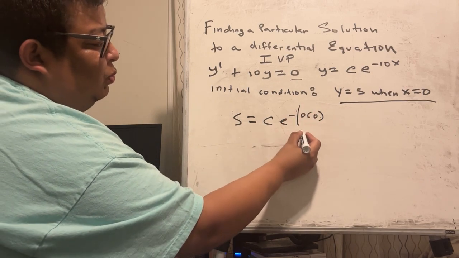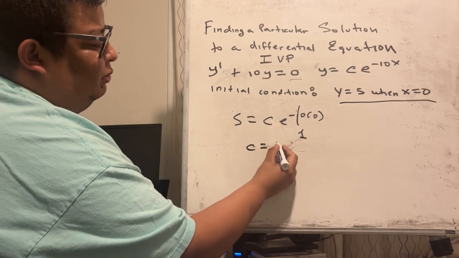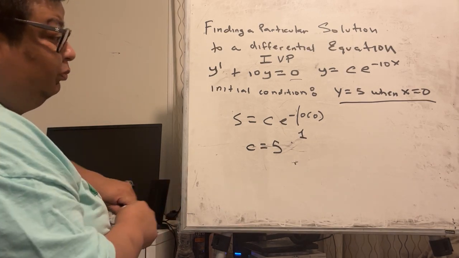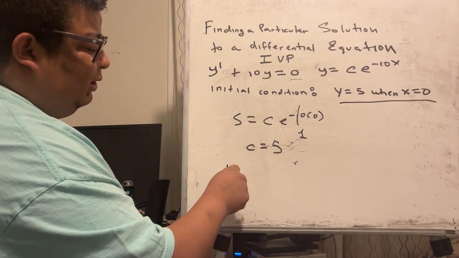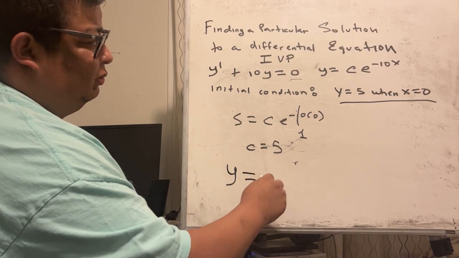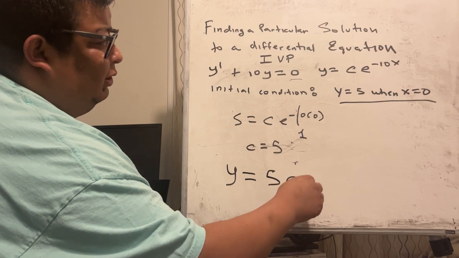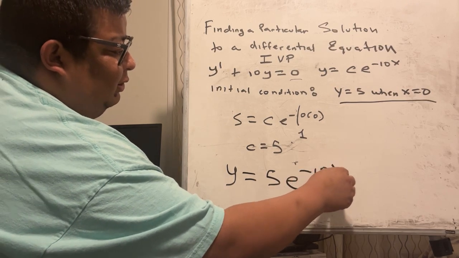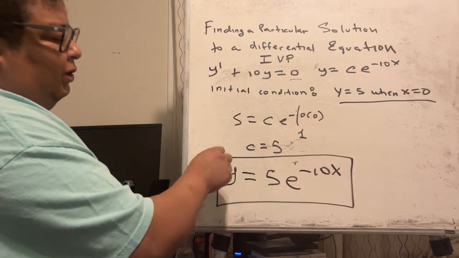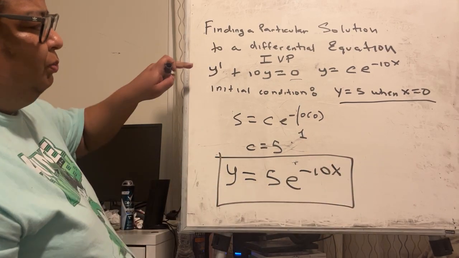This becomes 1, so c is equal to 5. That means that our particular solution is going to be y equals 5 e to the minus 10x. This would be our answer, but we need to prove it.